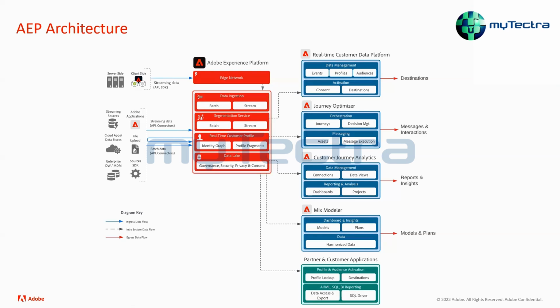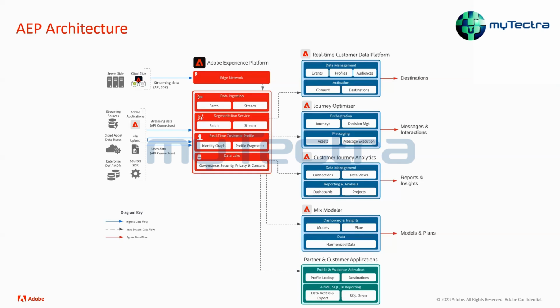In Adobe Cloud, there are many tools, right? There is CJA, AJO, AEM, Adobe Analytics, all those things. The data could be stored in the Adobe platforms, or come from third-party sources, streaming sources, or batch sources. There are many types of sources, right? So it collects data from different sources.